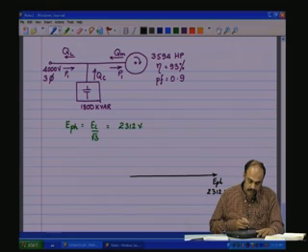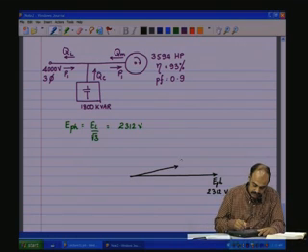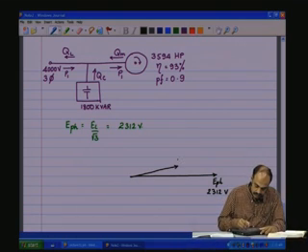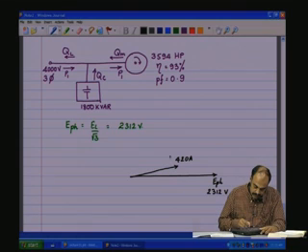With respect to that phase, we have an IL which is 420 amps. This is the IL in the line.